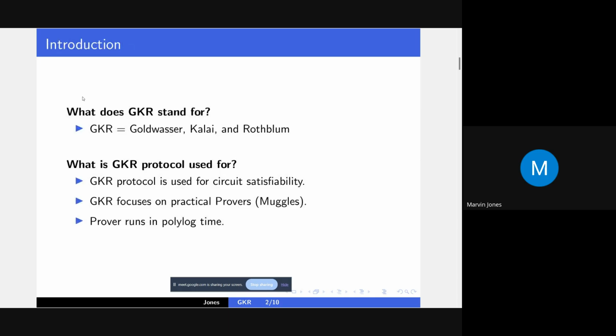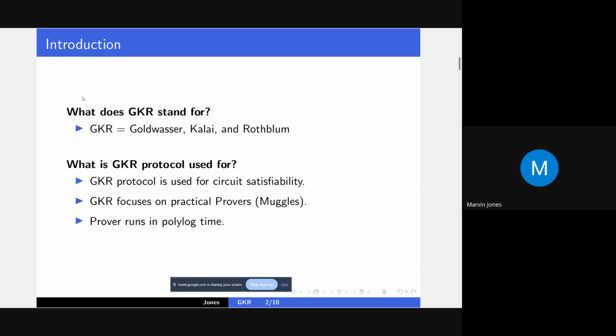So, very briefly, where are some of these used? Because, like I said, it's circuit satisfiability. It's used in a variety of protocols like Libra, and there was a ZKVM that was developed a year or two ago by Scroll, I believe.